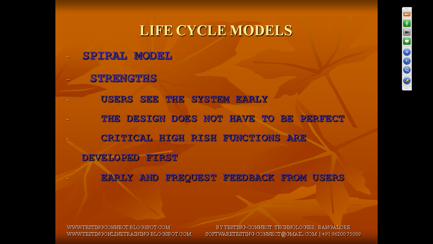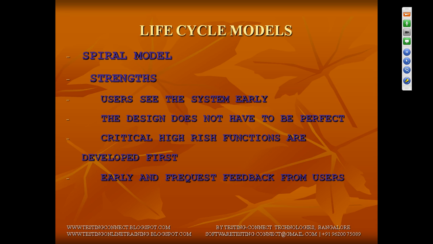But in these models, the advantage is that at every phase customers can see what exactly is happening, in the early phase. In the spiral model, rapid application development model, agile methodology or prototype model, client people will be able to see the system in early phases itself. The design does not have to be perfect. Why?